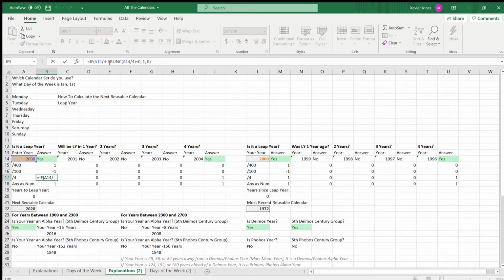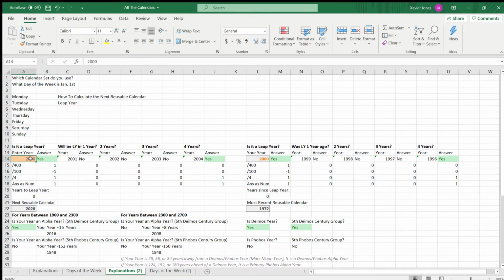If that value equals 0, then we do know for a fact that it is indeed divisible by 4. To show that it's divisible by 4, I said that the value would be 1. So, if this cell right here says 1, that means that it is divisible by 4. If it says 0, that means it is not divisible by 4.